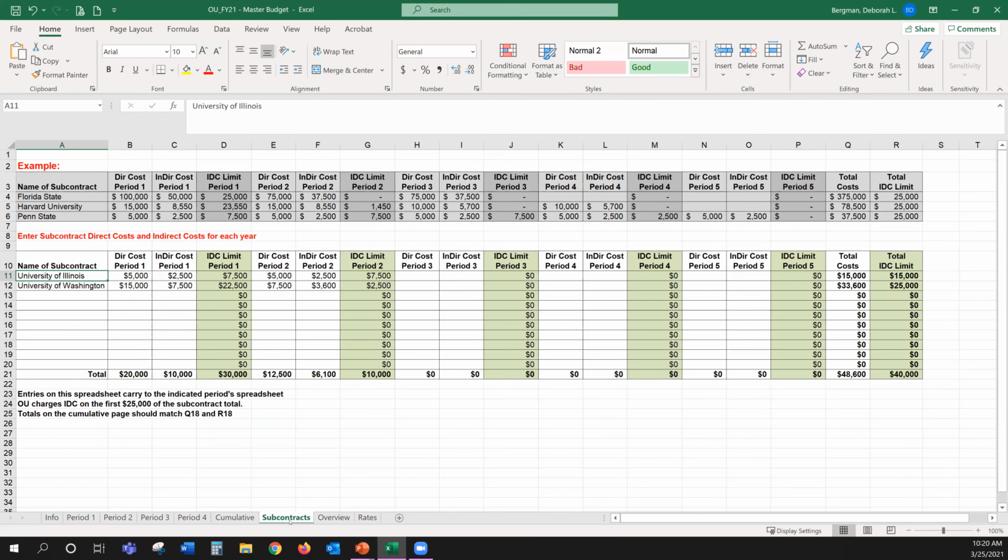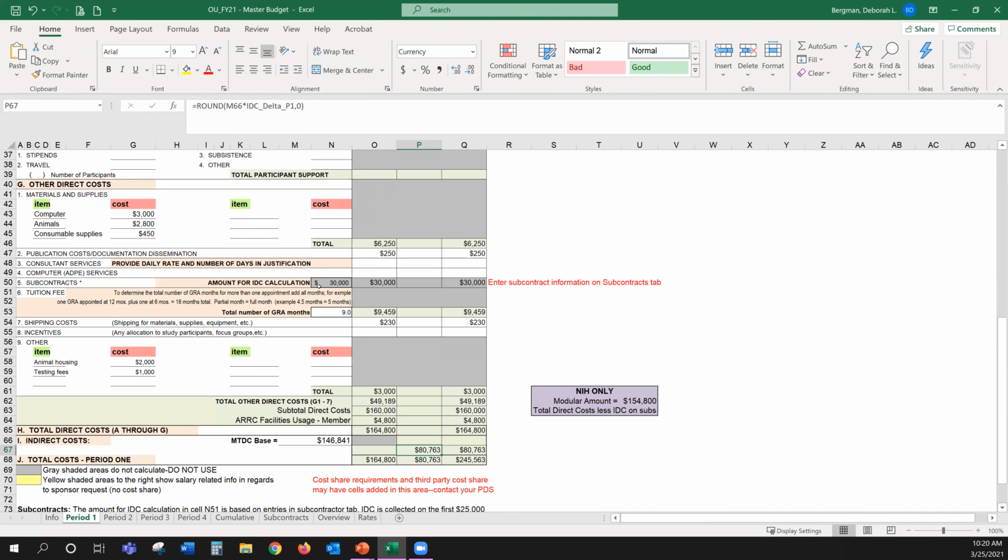The subcontracts tab is where you'll enter the direct costs and the indirect costs for each subcontract organization. You put their name, you put their direct and indirect. It automatically calculates the amount that is subject to IDC, and it takes it to the budget period that it applies to.